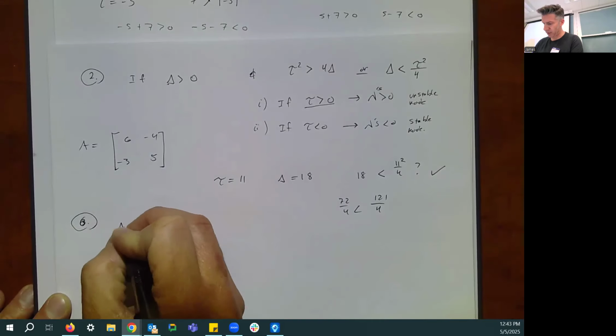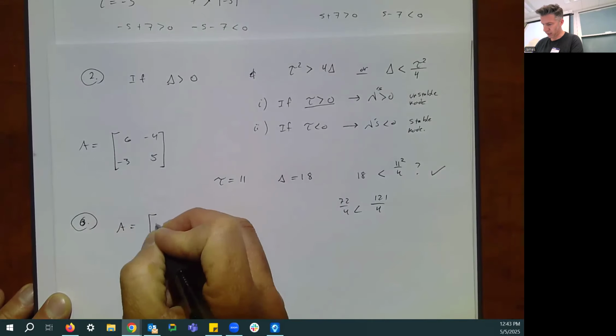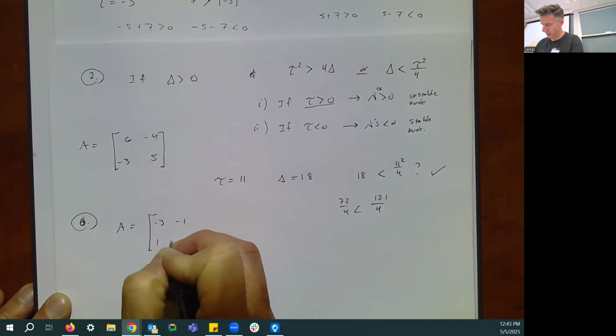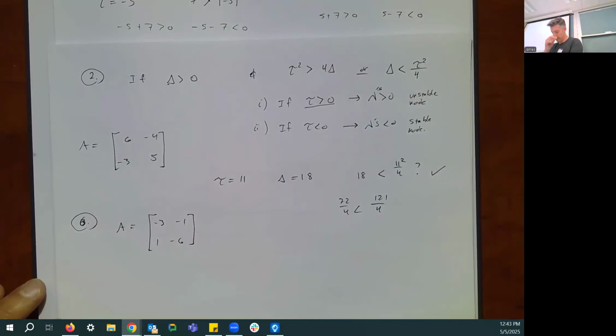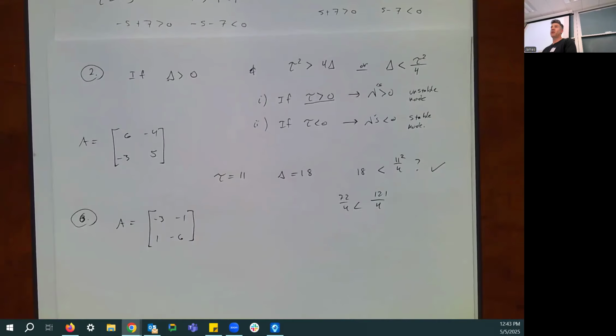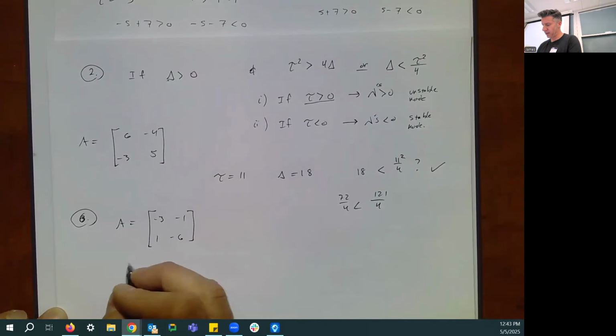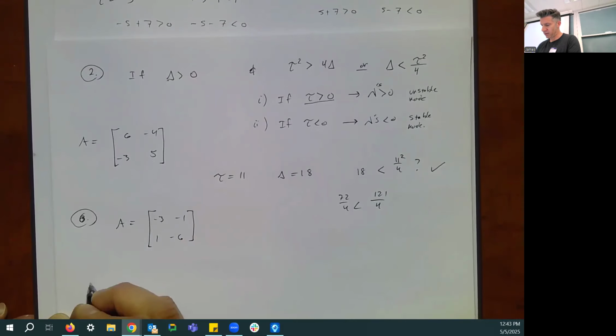If our matrix was, say, -3, -1, 1, -6. Things aren't going to be pretty here. That's okay. So let's go ahead and find our eigenvalues, determinant of A minus lambda I. I'll say it again.